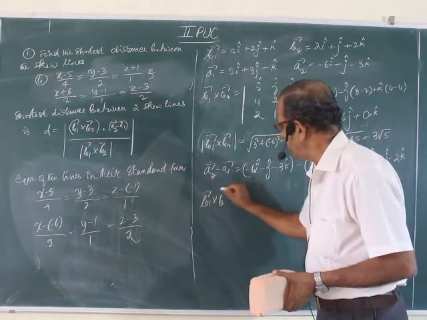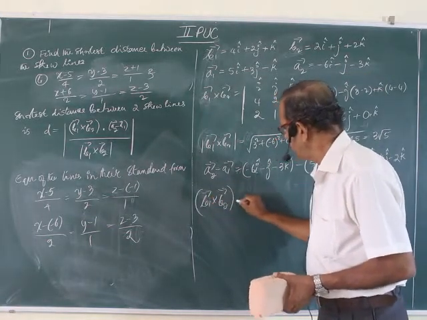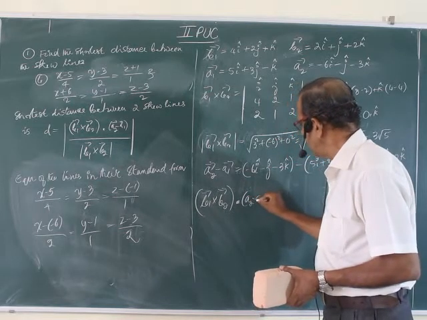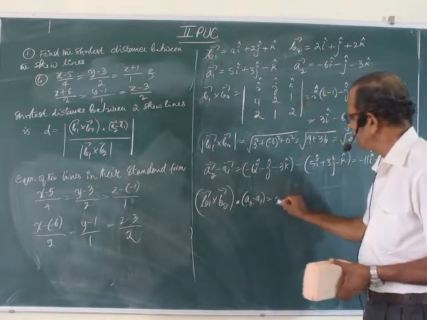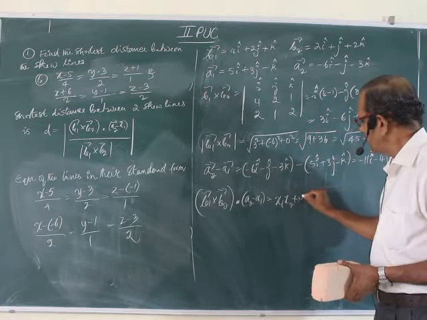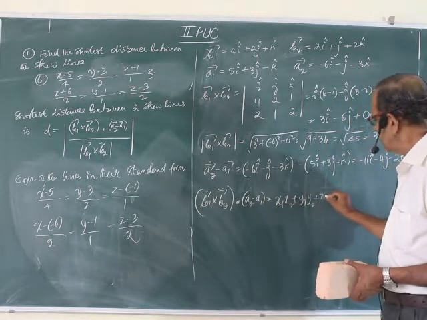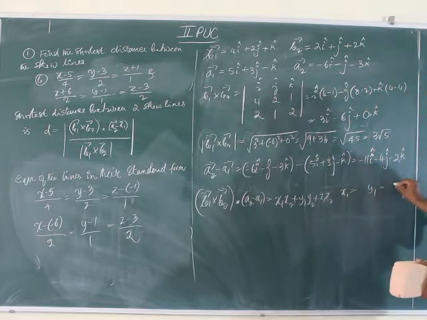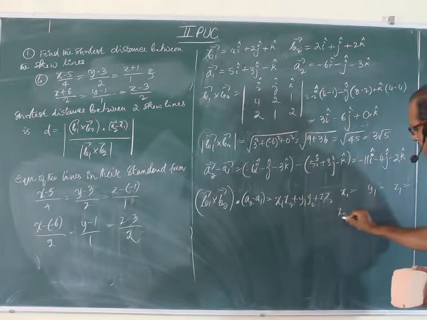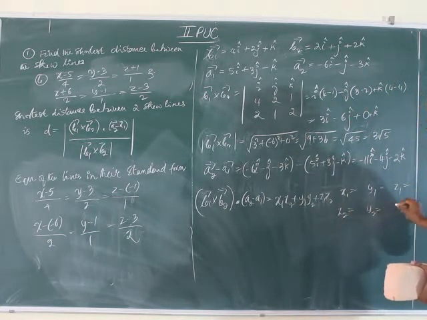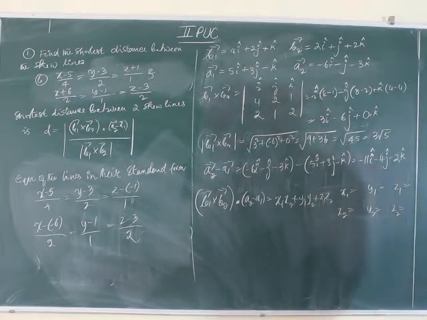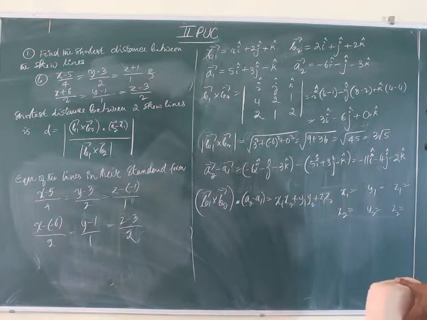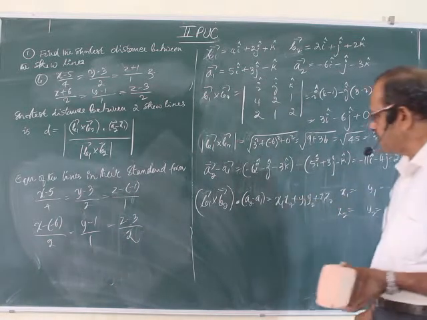B1 cross B2 dot product A2 minus A1 is x1 x2 plus y1 y2 plus z1 z2. In order to avoid the confusion, write all the values together, then fill the values in the formula.